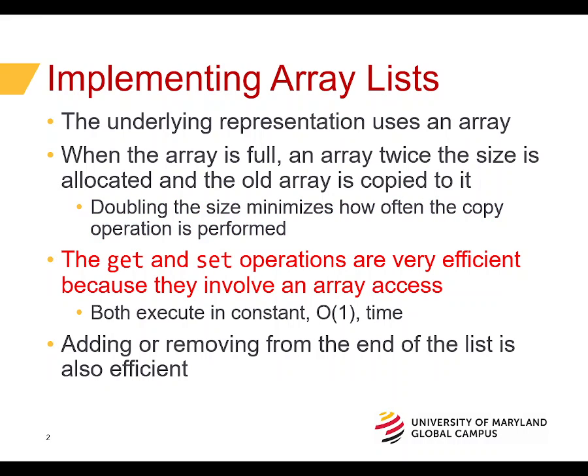What makes using an array as the underlying representation an ideal choice is that the get and set operations are very efficient because they involve an array access. Specifically, both execute in constant O of 1 time, which is the best performance possible. Adding or removing an element from the end of the list is also efficient. It too executes in constant time.